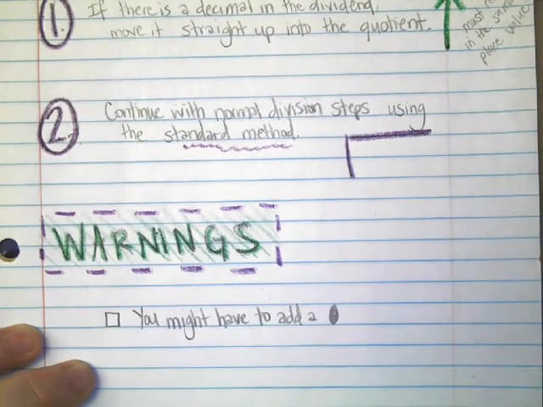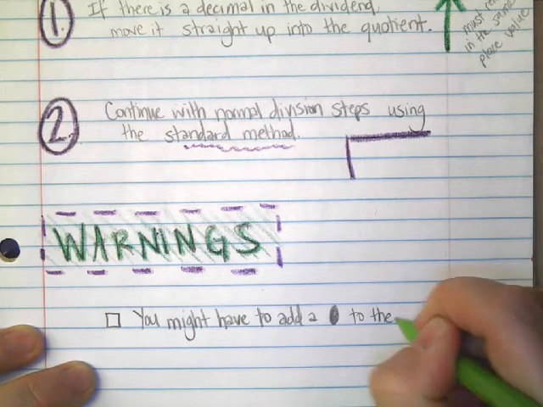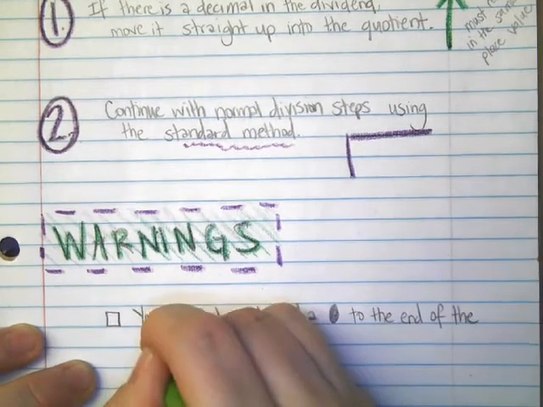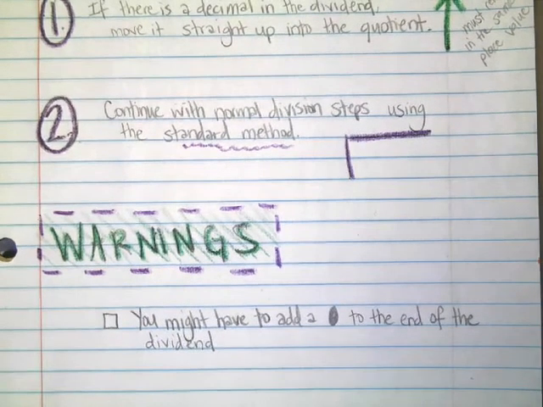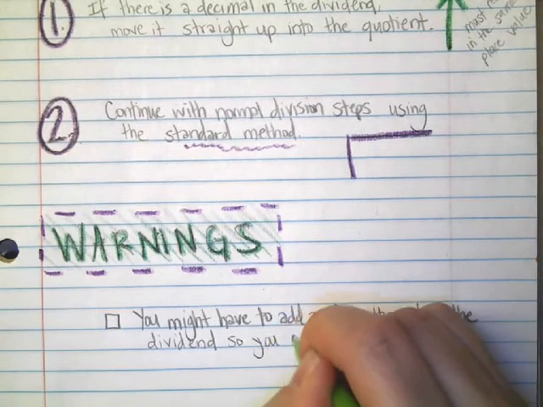It's one of these zeros, the ghost 0. You might have to add a 0 to the end of the dividend so you can bring numbers down.